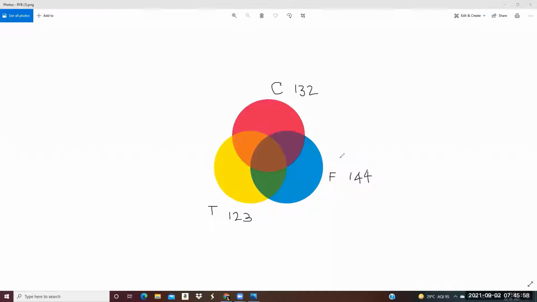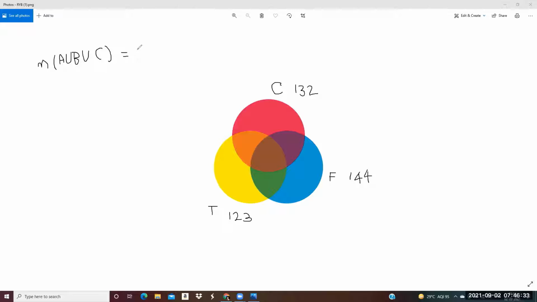And that's that. So let's use the traditional method first, which everyone has used to solve it, but which I think is unnecessarily lengthy when a shorter method exists. The traditional method uses this formula: n of A union B union C equals nA plus nB plus nC, which is tedious to write.